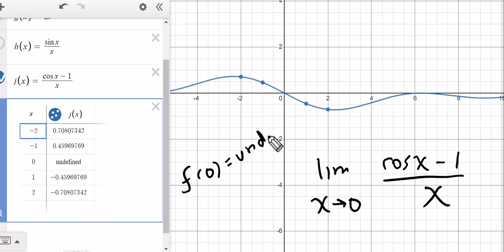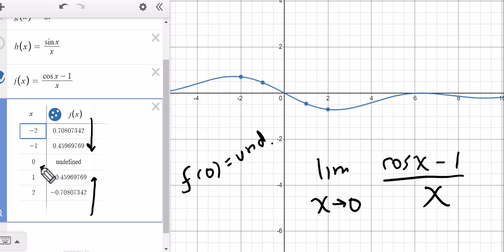Well, we know that, but that doesn't do us much good. What should be there? What is the prediction of what should be there if something were there? Well, this is kind of getting weird because from the left, I'm getting these numbers that are getting smaller, right? 0.7, 0.4. And then from the right, it's coming from the negative, right? Like negative 0.7, negative 0.4. So we kind of need to get a little closer, close the gaps.